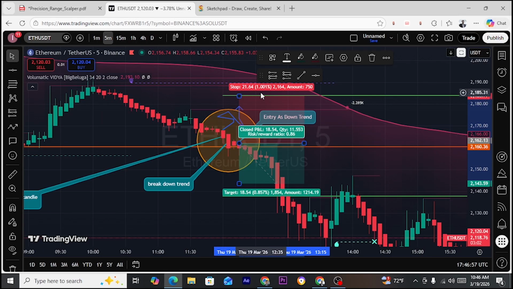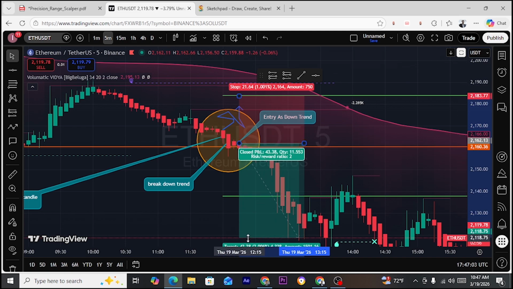If this is 1.001, then it could be double this. Double means the ratio is 2.